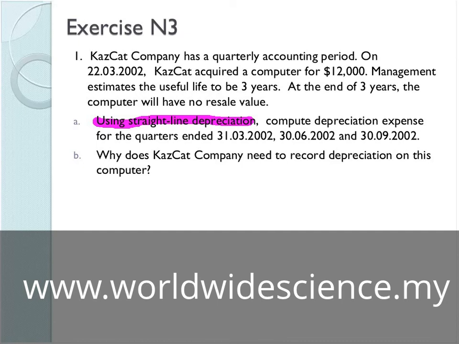The company acquired, which means bought, the computer for 12,000 and is going to use it for 3 years only. You must use the straight line method to depreciate it for 3 quarters, not by each year. You remember, in 1 year we have 4 quarters, and 1 quarter is equal to 3 months.